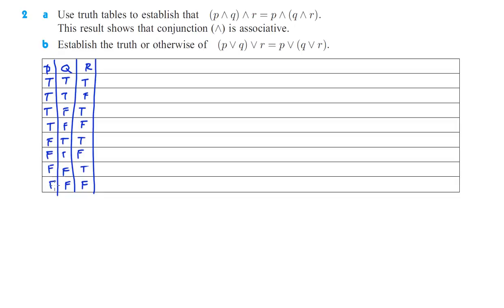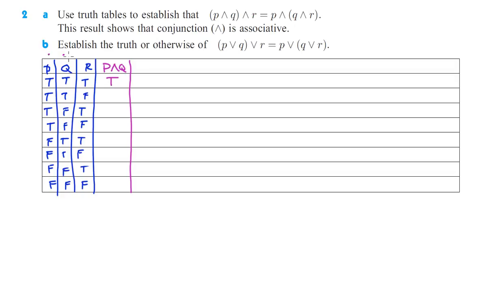Okay, so first thing we want to do here, we want to do P and Q. So I'm just going to try that with a different color here to make it a little bit easier, hopefully. So P and Q we can do, right? Because we already have P and we already have Q. So since it's and, they have to both be true. So this would be true, because that's true, true.